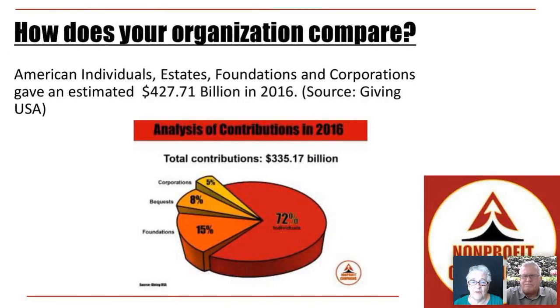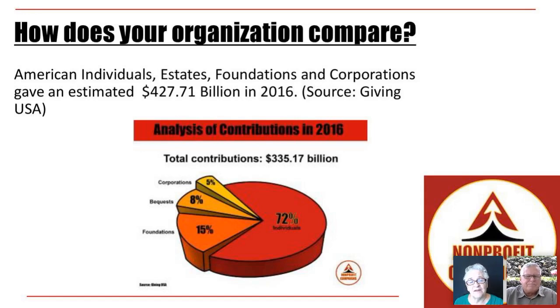And for example, we have this chart from Giving USA. I know we have some Canadians and some people outside the United States, but I think the figures are pretty similar, although I did some work in Bermuda and their money from businesses was much higher than this, much higher than the 5%.